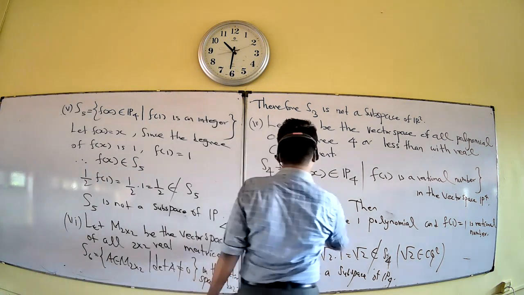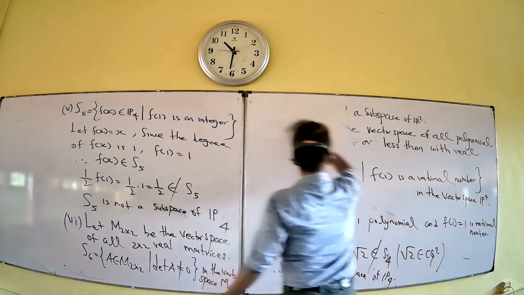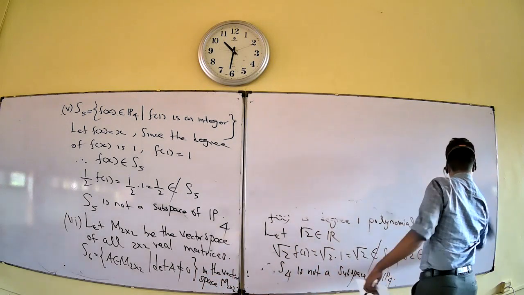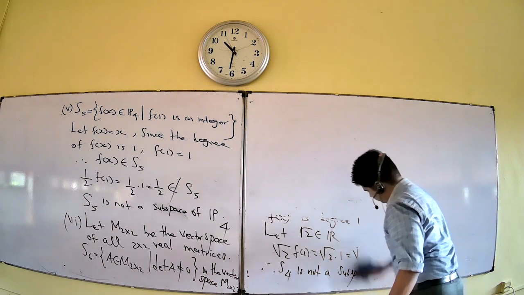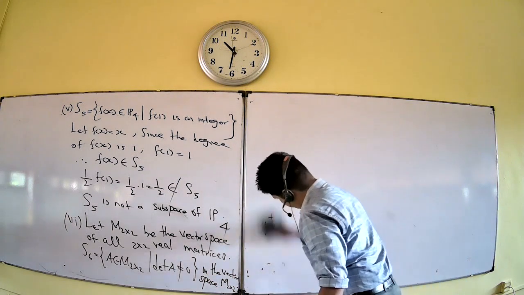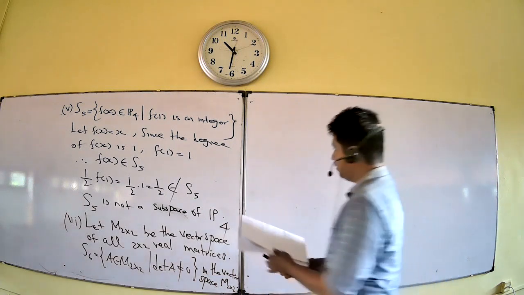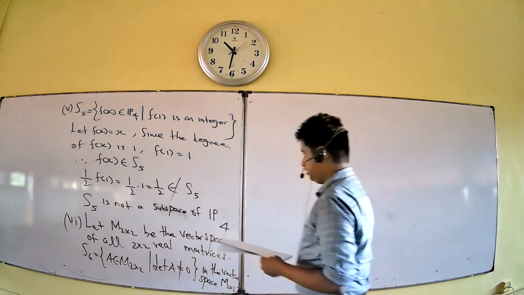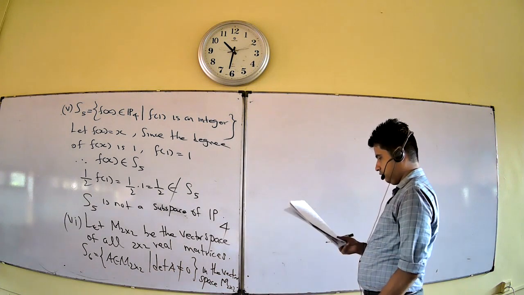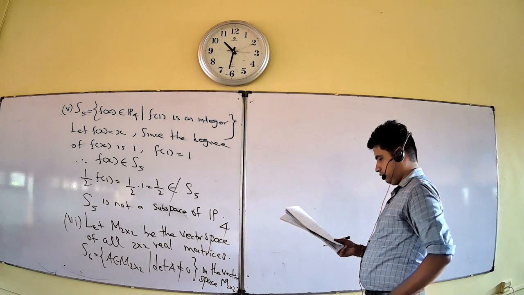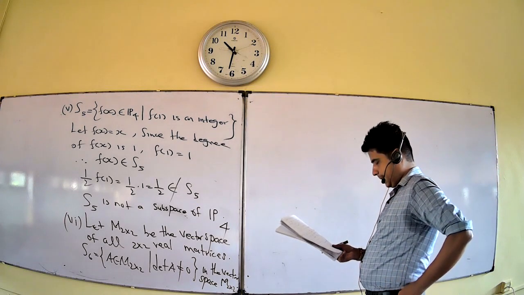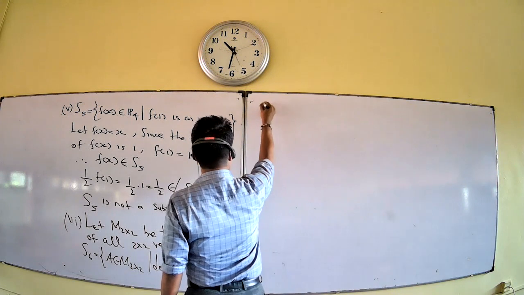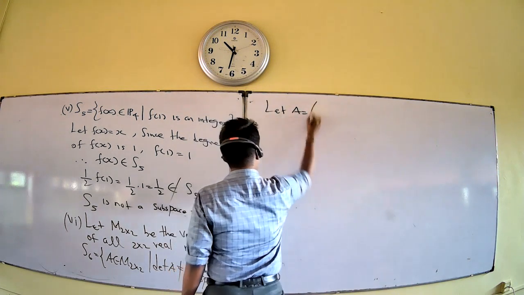This one also is not a subspace. Why? You take one of the real matrices, A, with all values zero, the zero matrix.